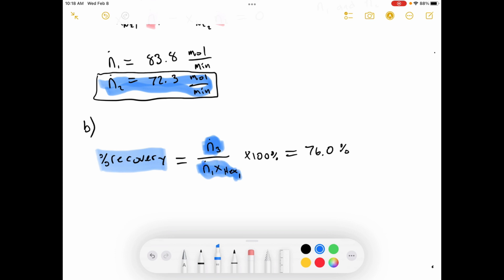The amount of hexane going into the condenser is the number of moles going into the condenser multiplied by the mole fraction of hexane. And then we have a percentage because it asked for a recovery percent, and this is equal to 76.0%. That's using N3 and the two other values that we solved for.